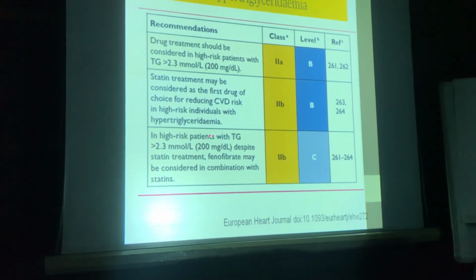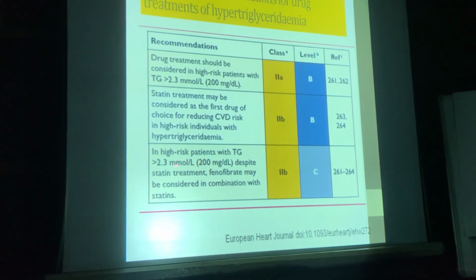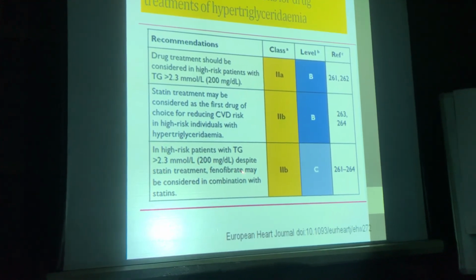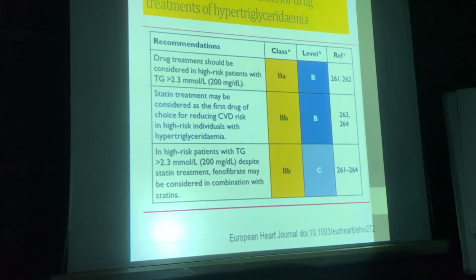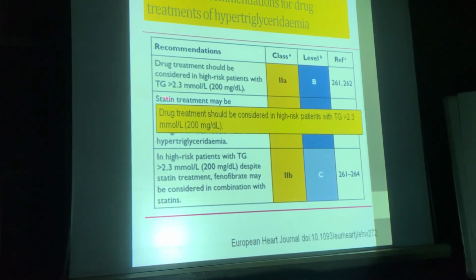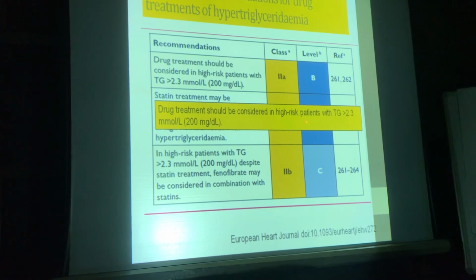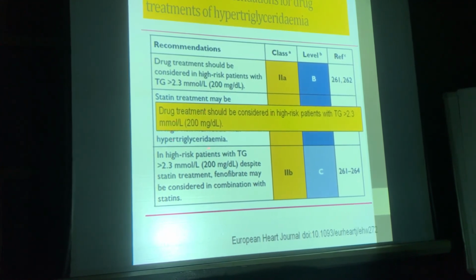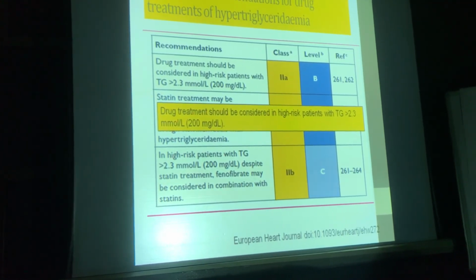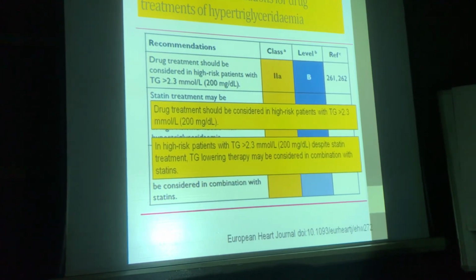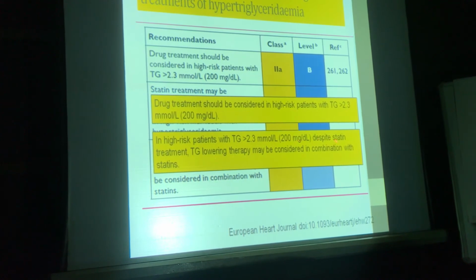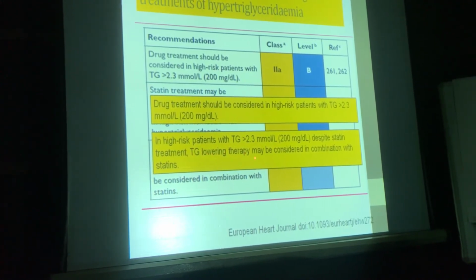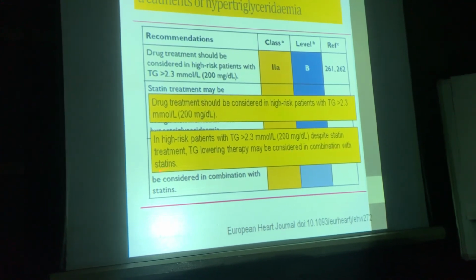In high-risk patients with triglyceride more than 200 milligrams despite statin treatment, fenofibrate or saroglitazar may be considered in combination with the statins. There is a little variation, 150 and 200, but not much difference.